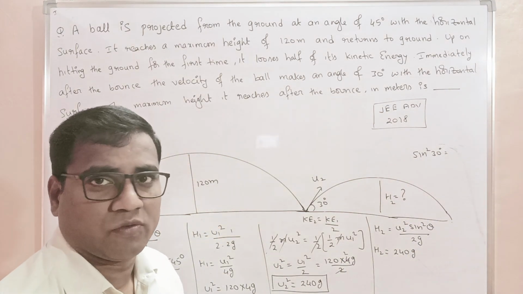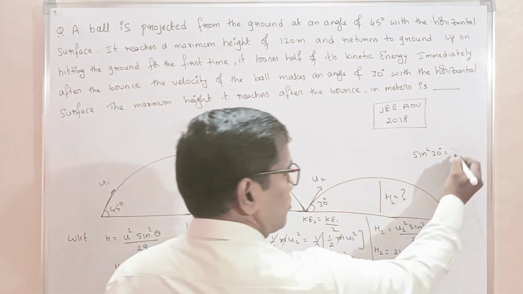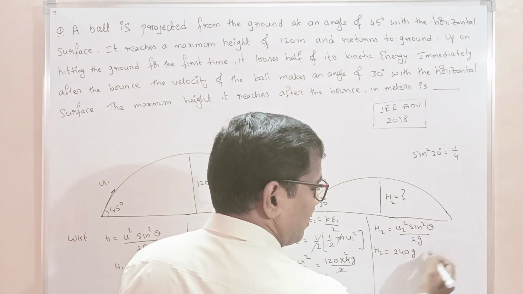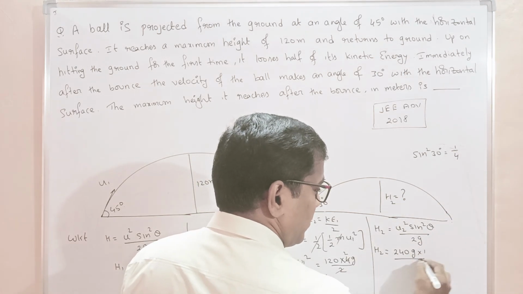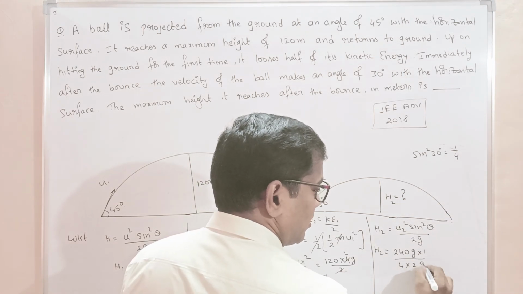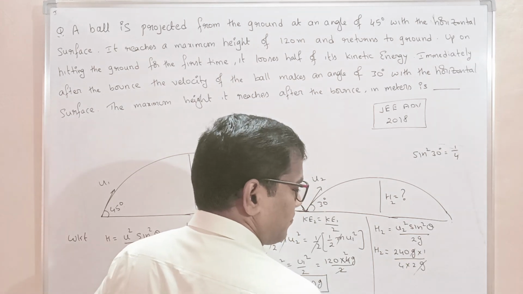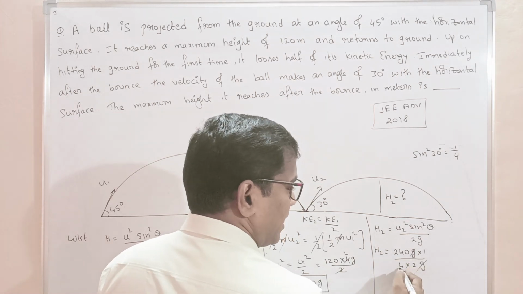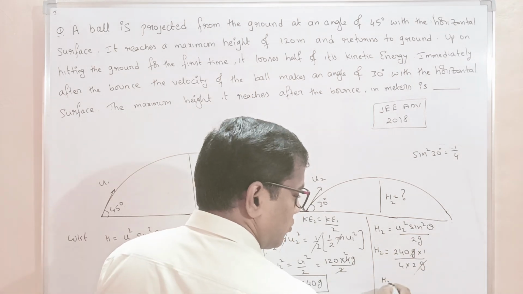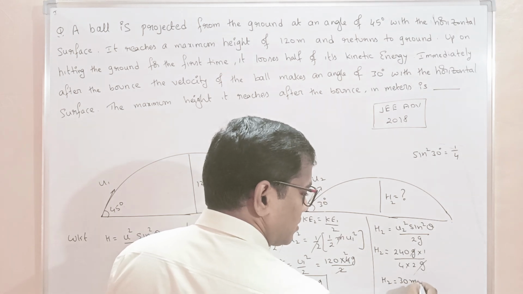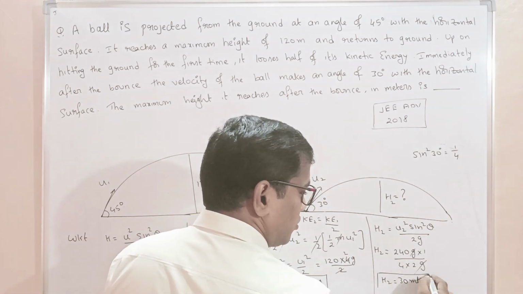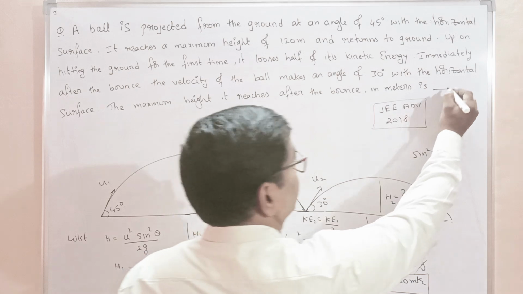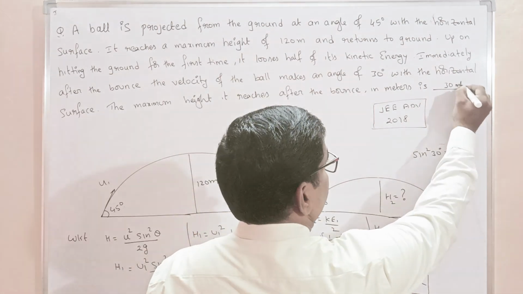Sin 30 is 1 by 2, so sin square 30 means 1 by 4. So here I will write 1 by 4 into 2g. The g gets cancelled, and 4 2s are 8, so 240 by 8. So h2 is equal to 30 meters. The answer here is 30 meters.